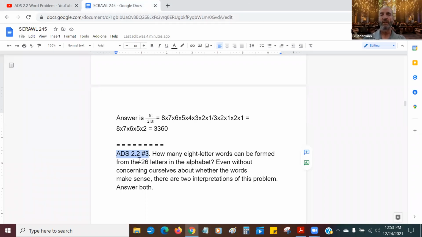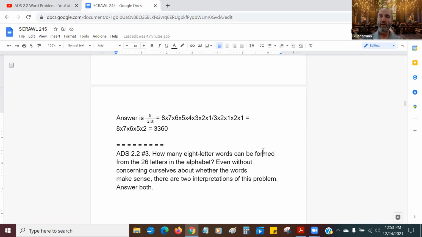Okay. So this is from the discrete mathematics book, 2.2, problem number 3. How many 8-letter words can be formed from the 26 letters in the alphabet?